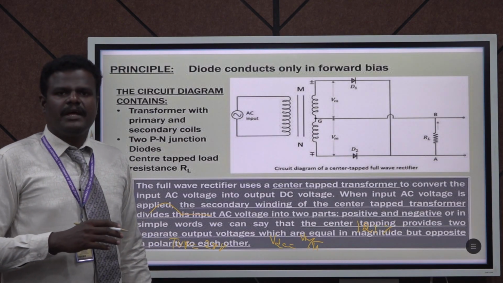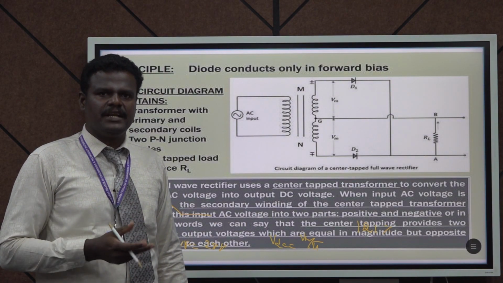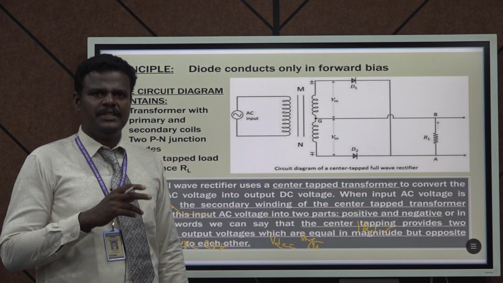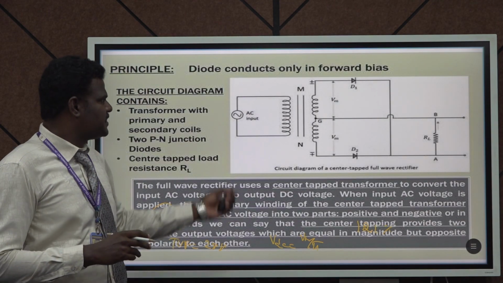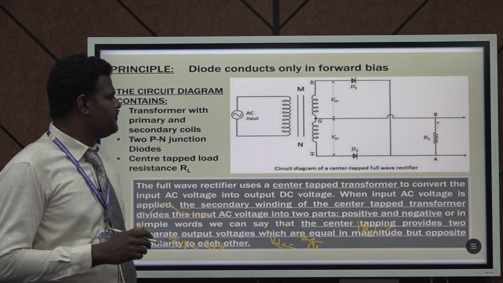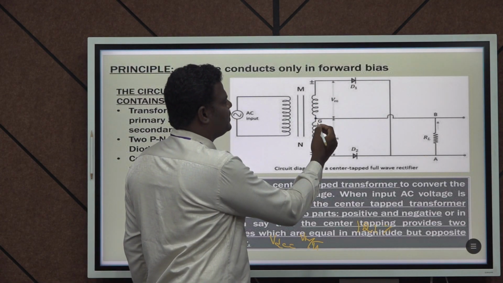For the full wave rectifier, we have two combinations. One is the full wave rectifier with a center tapped transformer, and the other is the full wave rectifier with the bridge configuration. First we discuss the full wave rectifier with the center tapped configuration. In this configuration, on the secondary side we have three terminals.